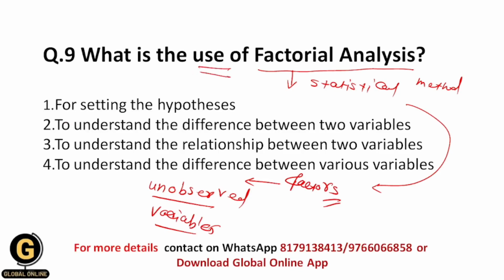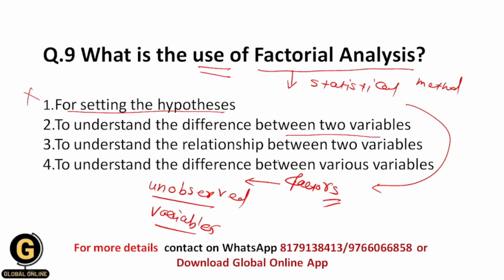So this is factorial analysis, and here they have asked what is the use of it. First is for setting the hypothesis. But the use of it is assessing the difference between two variables, so this is incorrect and eliminated. Second is to understand the difference between two variables.